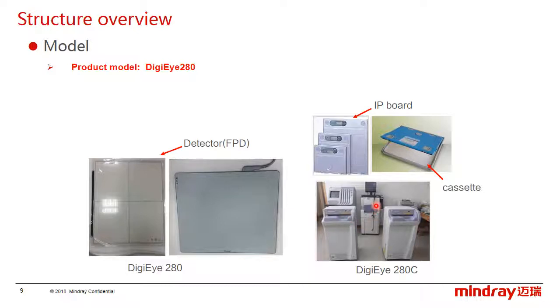However, 280C is a high-frequency system. A detector is unnecessary. Usually, the customer uses an IP board or crystal to receive the X-ray rather than a detector, and displays the image on another machine, like the developer.